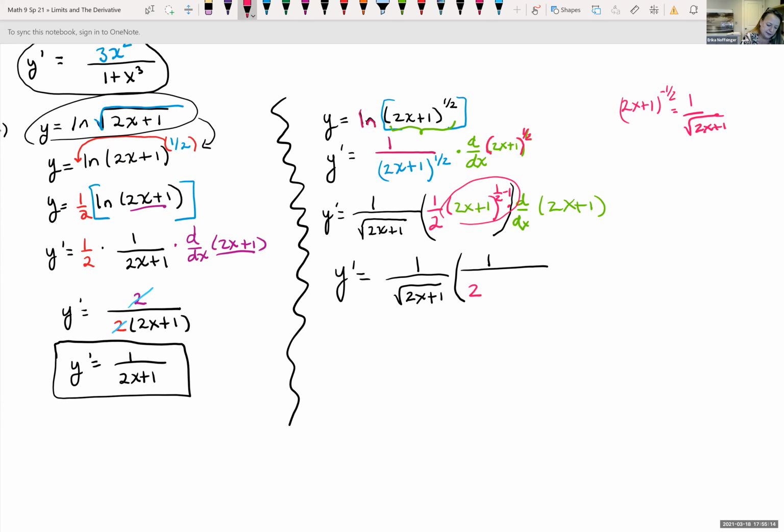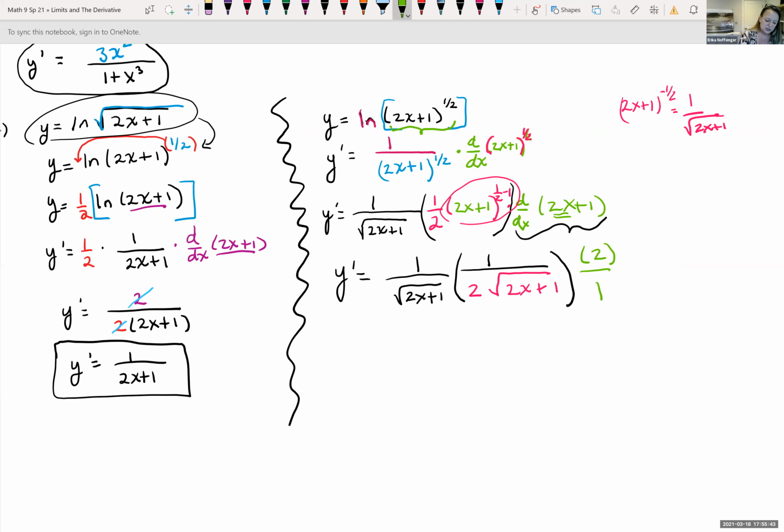So this piece is the same thing as 2 times the square root of 2x plus 1 times the derivative of the inner. So the derivative of 2x plus 1. Well, derivative of 2x is just 2, and the derivative of 1 is 0. If you want to put that over 1 to help you see it, you can.